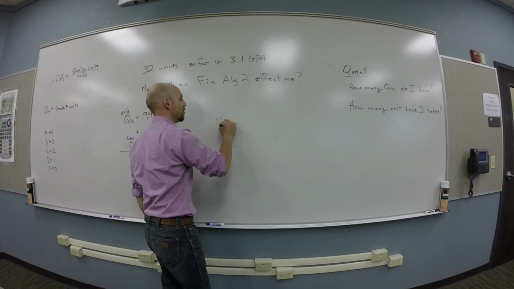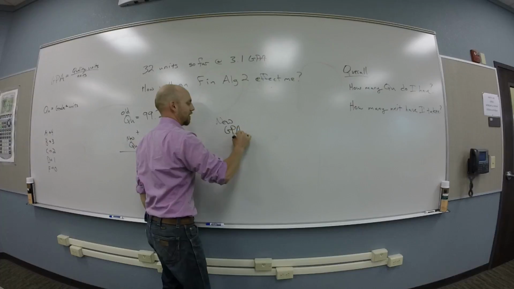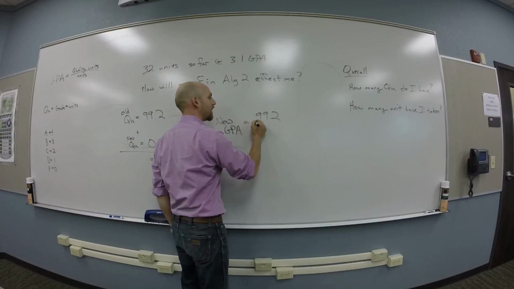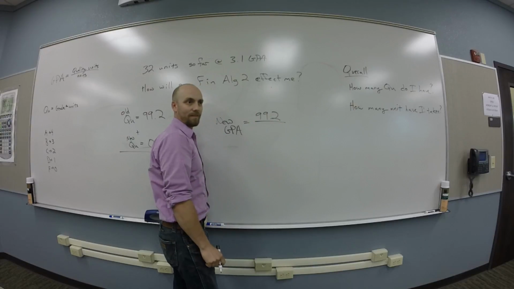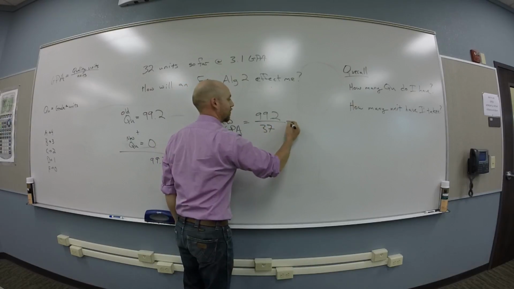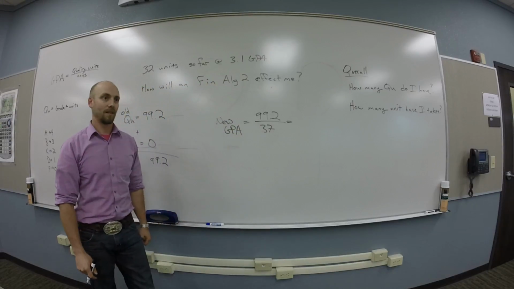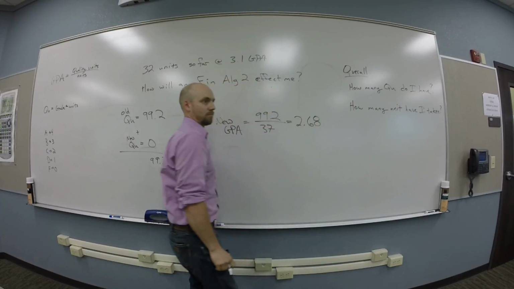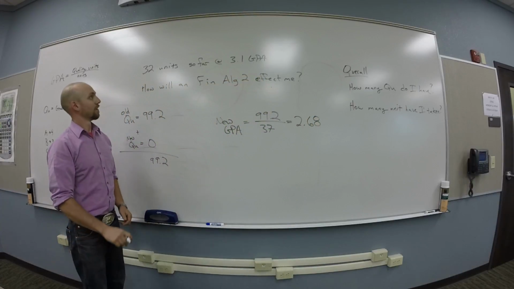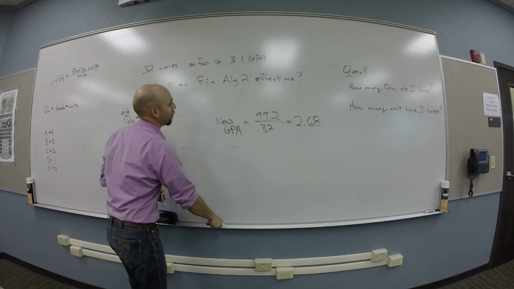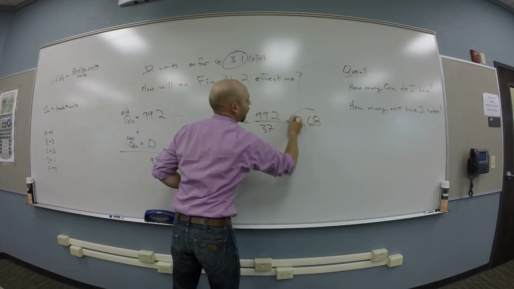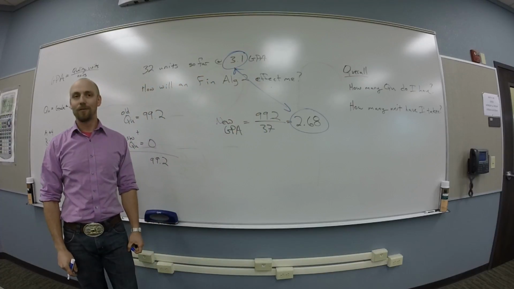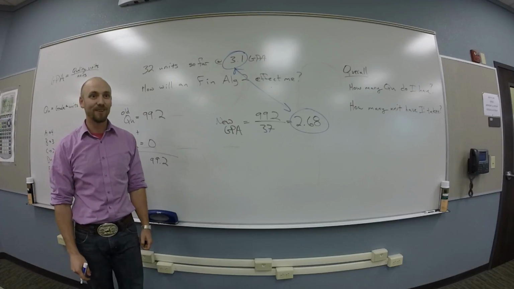So my new GPA should be this 99.2, the same number divided by 37, which gives you 2.68. 2.7. That's a huge drop. Don't fail classes.